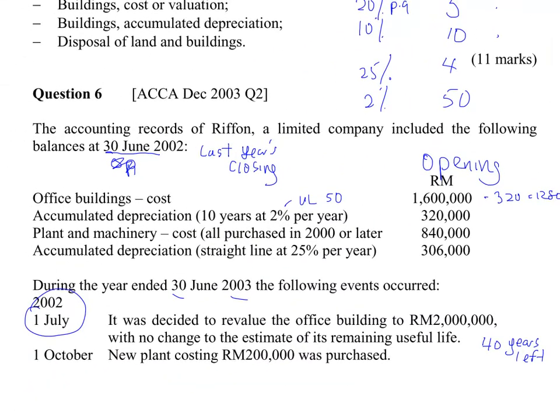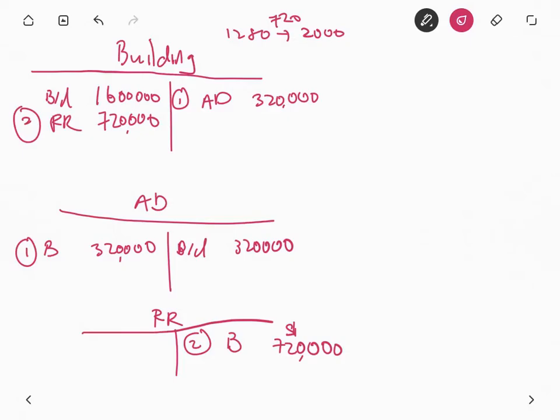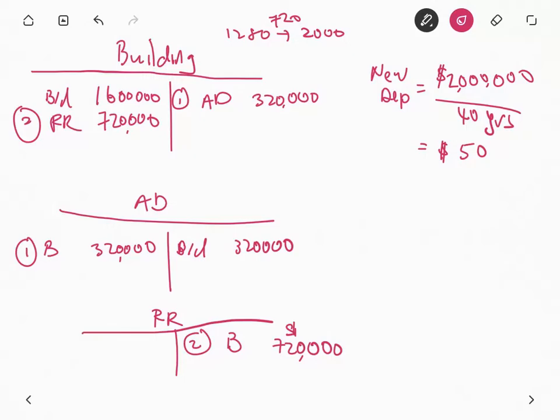So now for building, we have to depreciate another 40 years. So new depreciation will be 2,000 divided by 40, so 1 year will be 50,000 depreciation, double entry.